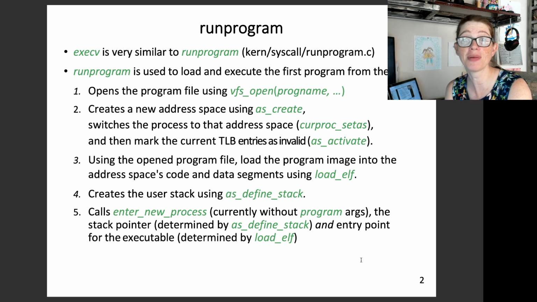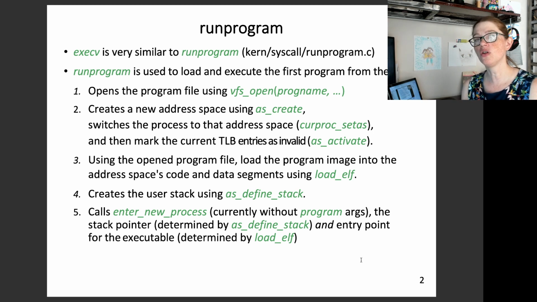All you've got to do is copy and paste it. So execv is incredibly similar to another function called runprogram. And runprogram is how you load and run user programs from the kernel, like from the menu.